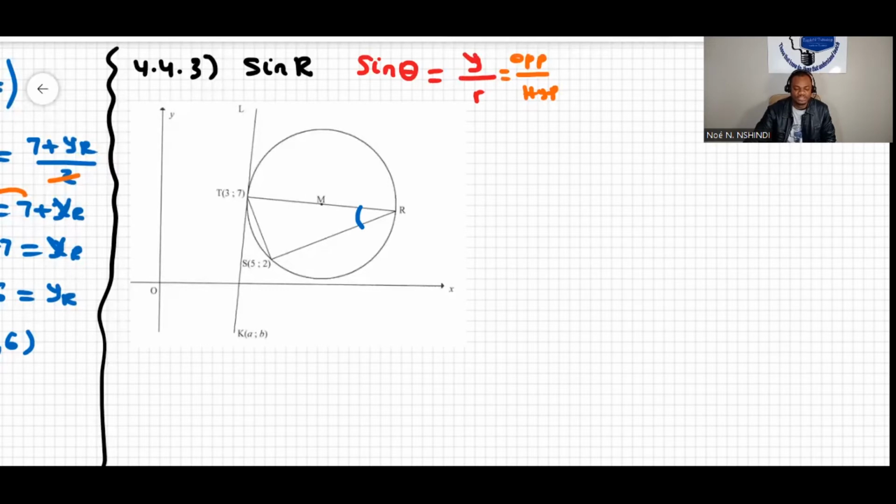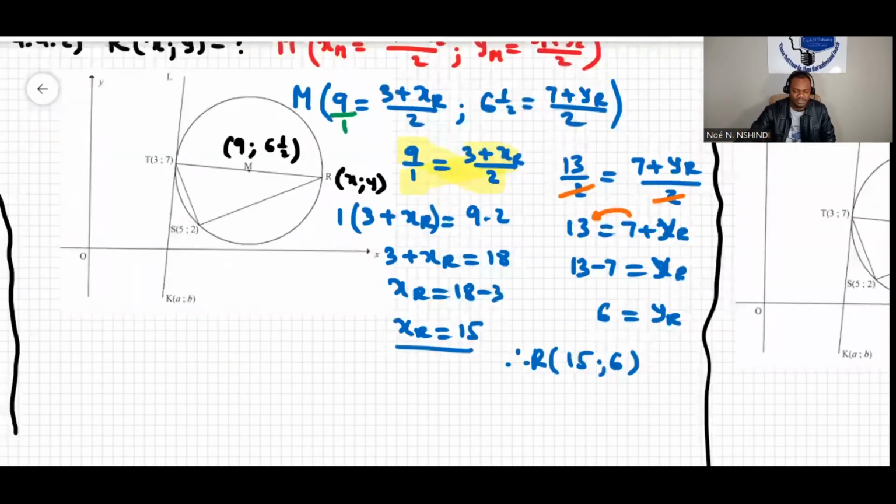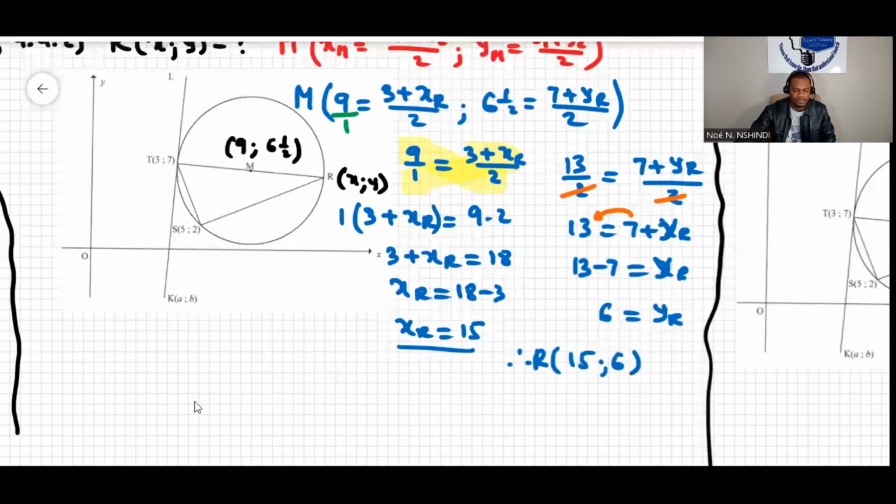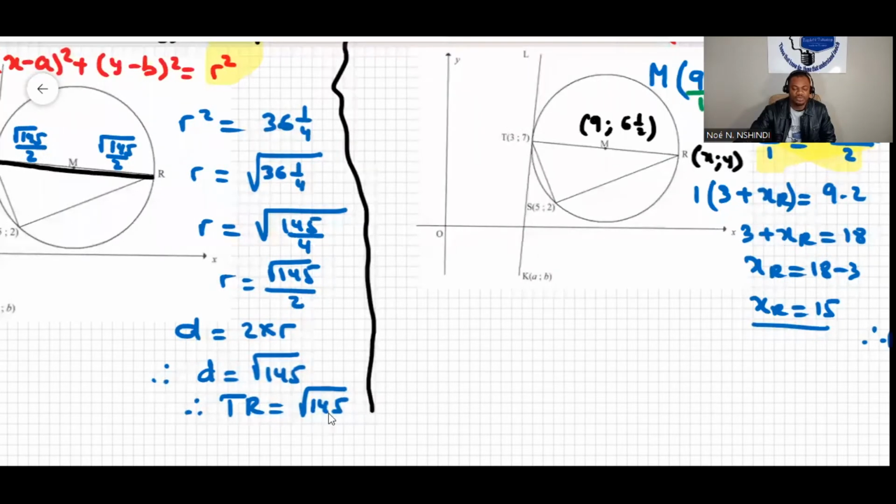So in this situation, sine R will be the side opposite the angle, which is the line TS, over the hypotenuse, which is TR. Now, we already know what TR is because we worked it out in the previous questions. TR is the diameter of the circle, the square root of 145. Let's double check. Yes, TR was the square root of 145.